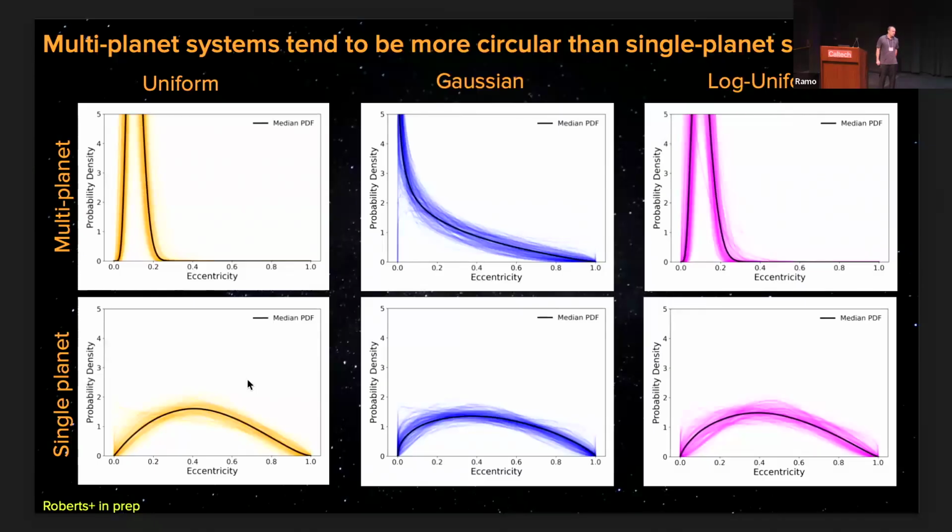But if I take a gander at what I see, either way, we have pretty circular, and then getting close to moderate, but still leaning towards more circular, which makes sense given the entire sample that I have.